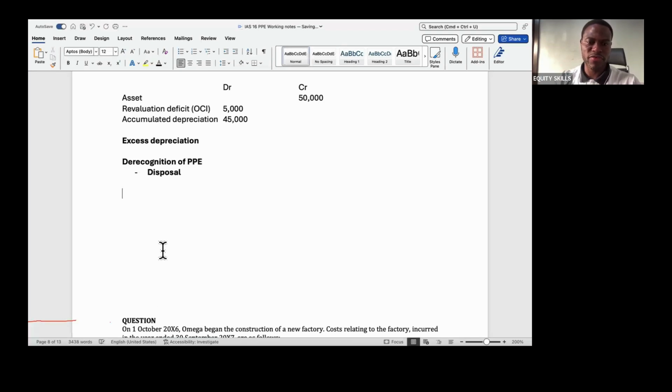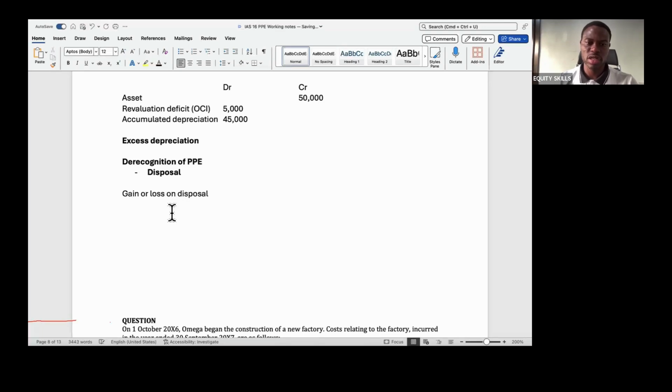So how do you remove an asset from your books in terms of accounting? Basically, when you remove an asset from your books, you are definitely going to record a gain or loss on disposal of that asset.